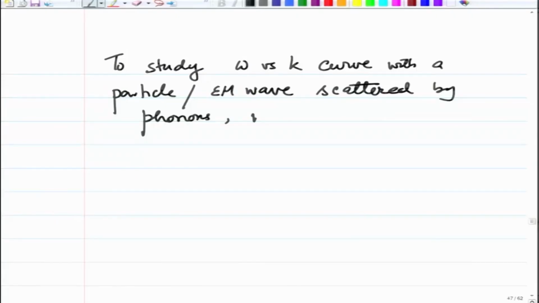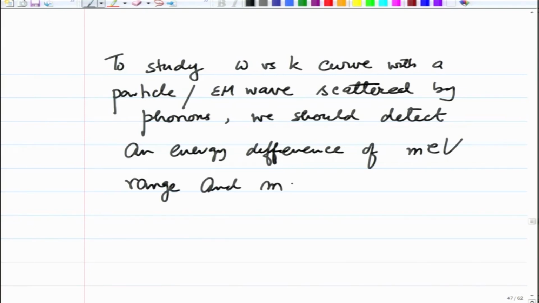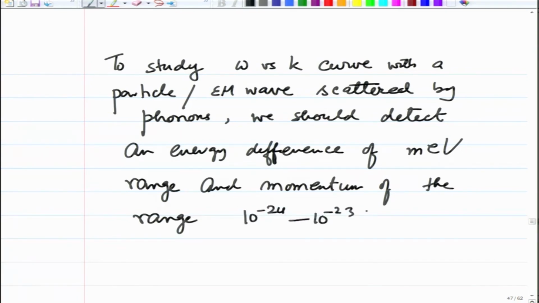I should detect an energy difference of MeV range and momentum of the range 10^-24 to 10^-23 kilogram meter per second.